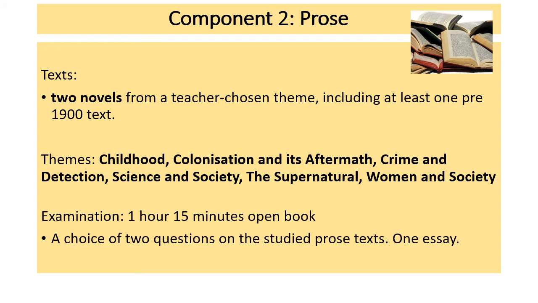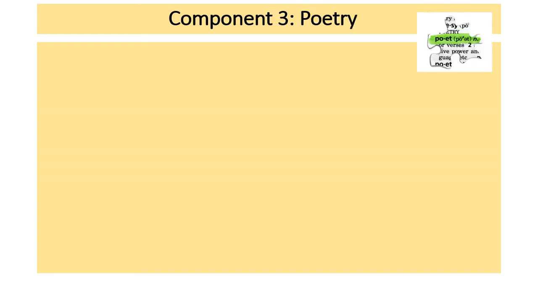And this is examined in 1 hour and 15 minutes. It's also open book. You have a choice of 2 questions on the studied prose text and you write 1 essay. So you're actually comparing those novels in light of the chosen theme.